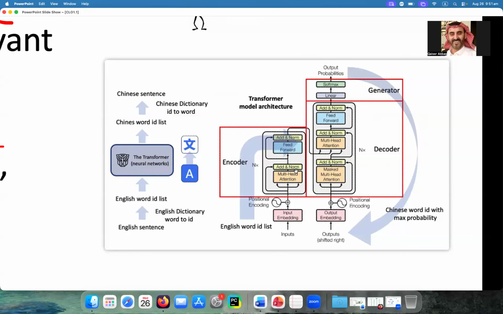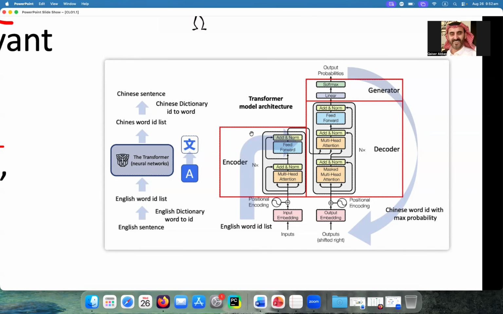Then you add and normalize the data, and these embedding vectors are passed into a feed forward neural network. Again, some normalization is applied, and then the data goes out. I can discuss it in detail when this topic comes at the end, because there is a CLO on large language models and a CLO on machine translation. At that time, we will discuss it in further detail, with some programming also.